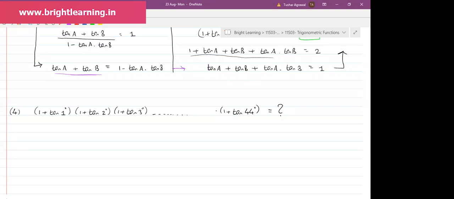This question is within your reach. If you are unable to solve this, if you are not getting any idea, write H in the chat box. I will give you the hint.